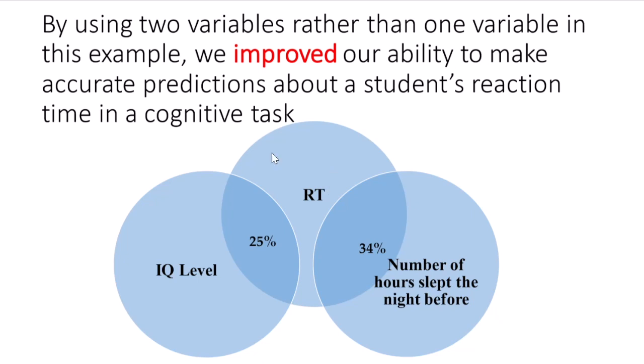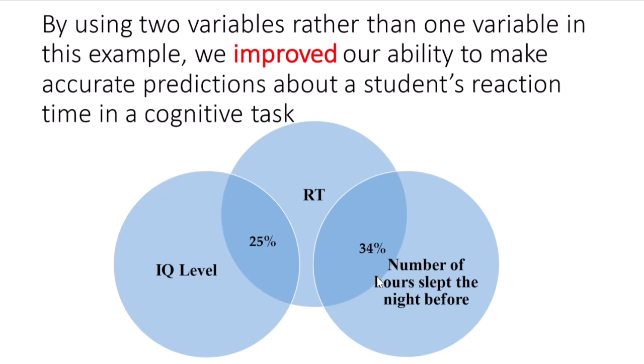However, notice that the reaction time is dependent on the IQ level or IQ score, and the reaction time over here is dependent on the number of hours slept the night before. But the IQ level and the number of hours slept the night before are not related to each other.